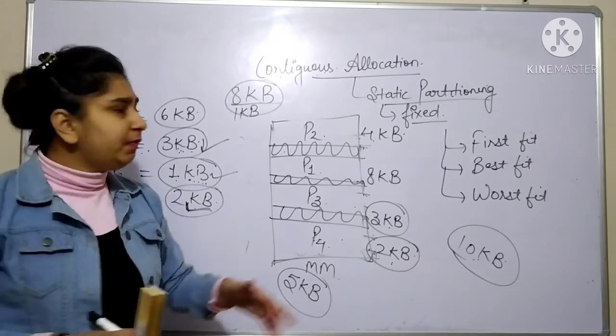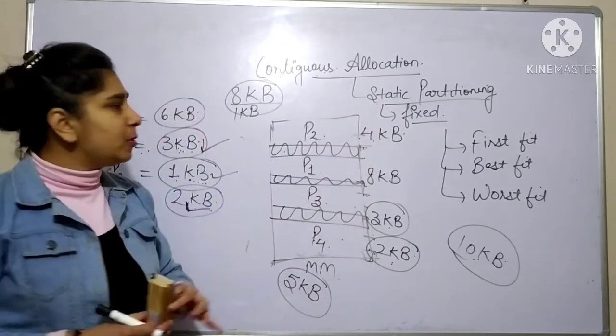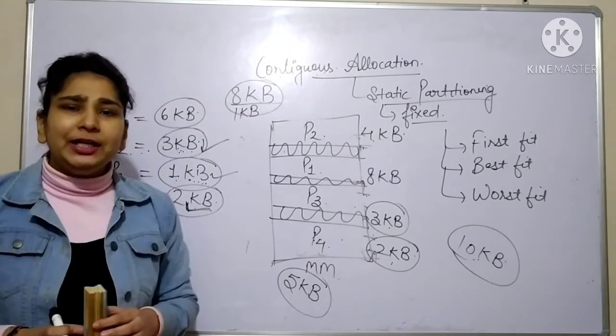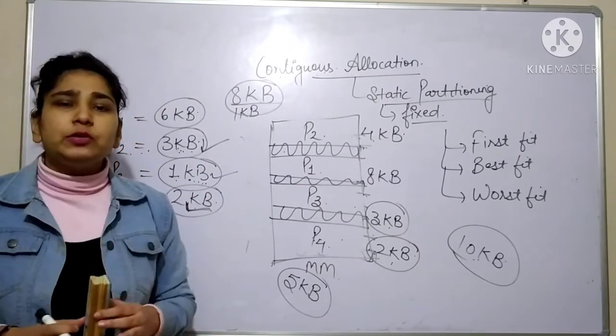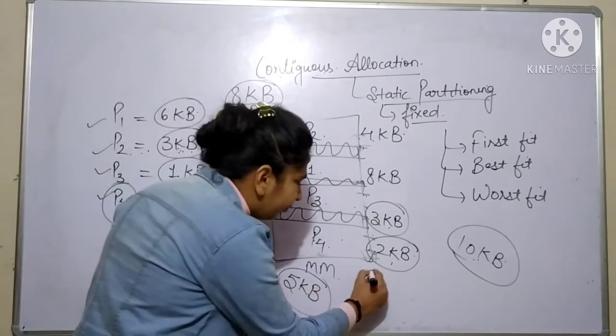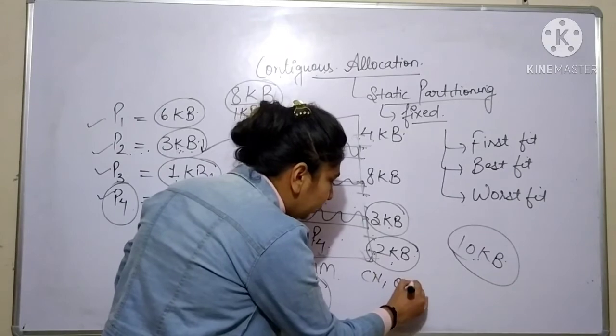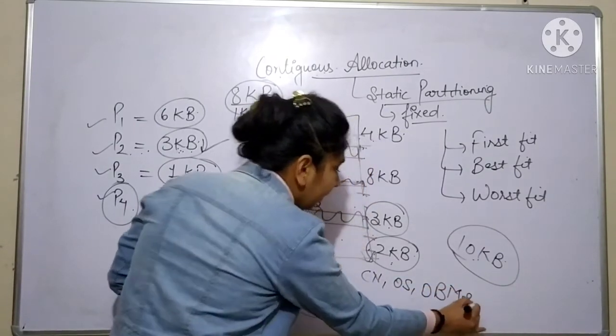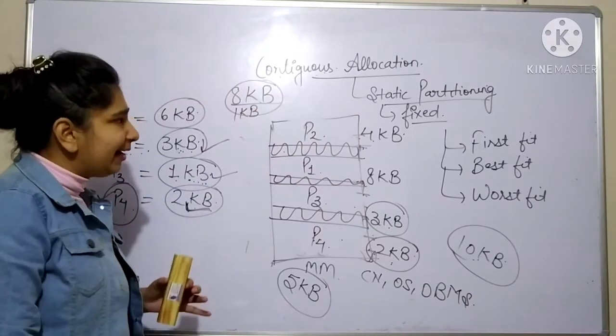So let me give you one real life example of static partitioning. Let's suppose you are preparing for your exam. We have to prepare for computer networking, operating system and DBMS. What happens in static partitioning?